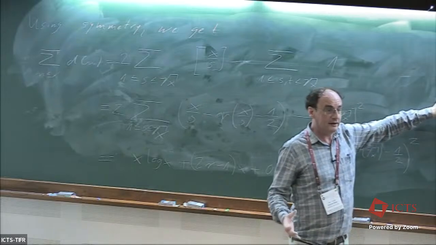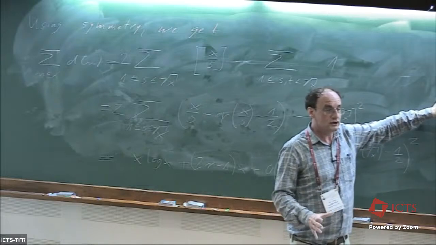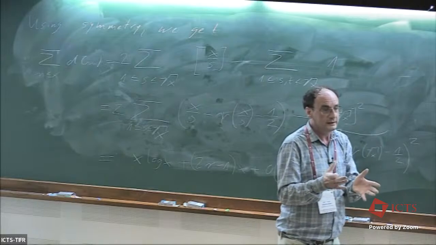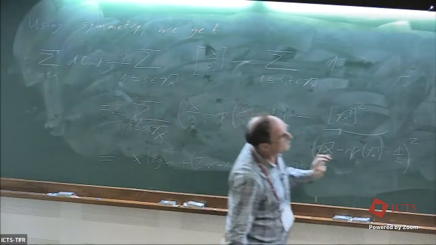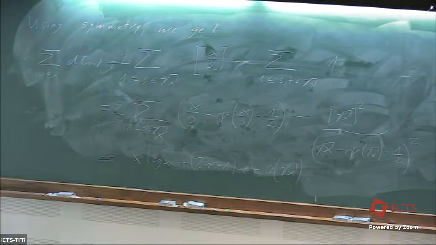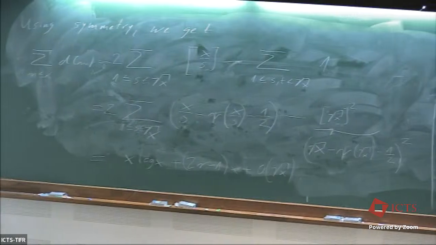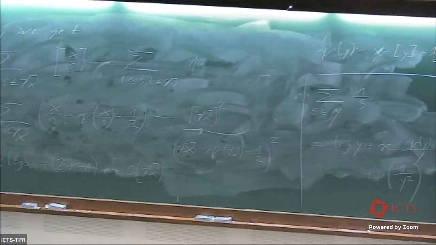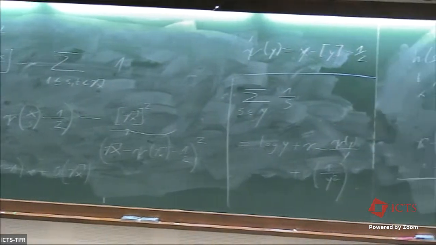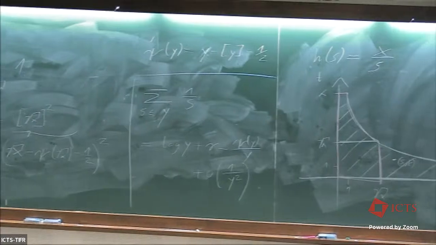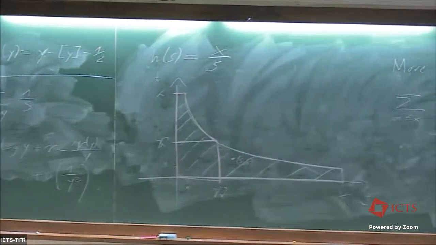But it takes a while. One needs to do some calculation, and a lot of cancellations occur. Eventually, only these terms remain: some constant term and this term. Good, so we have that development here.